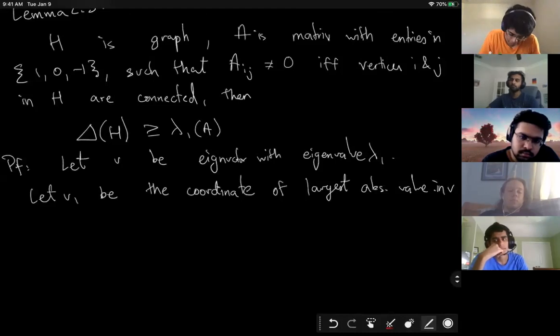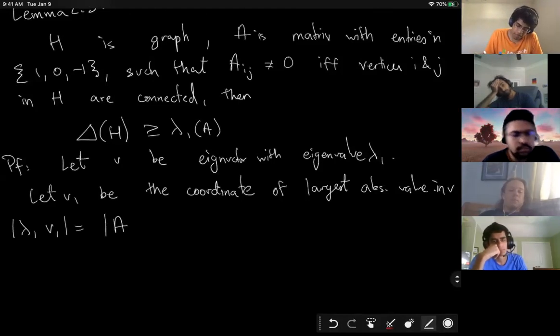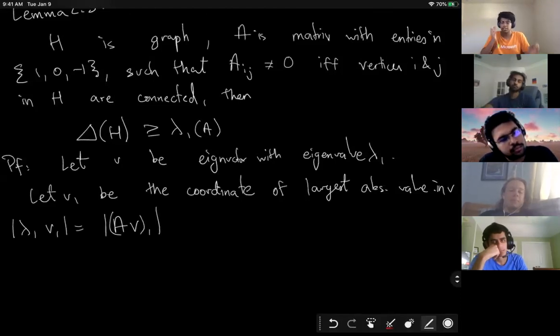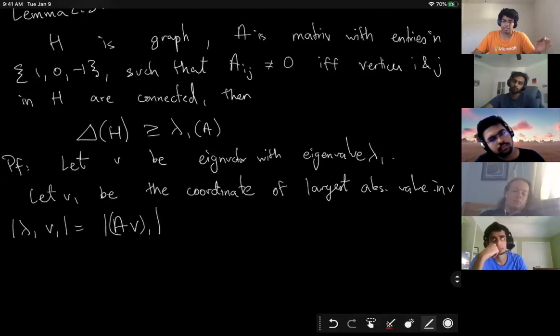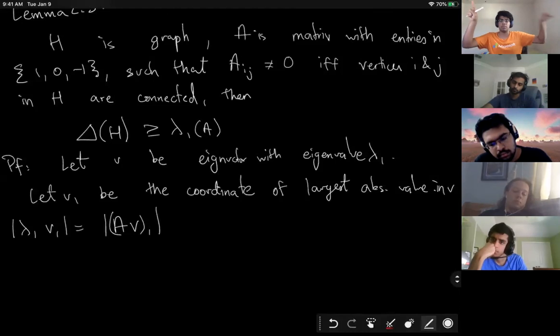So then you have lambda 1 V1, the first index of lambda 1 V, which equals the first index of A V, correct? Because lambda 1 V is A V, and then you look at the first indices of both of those vectors.